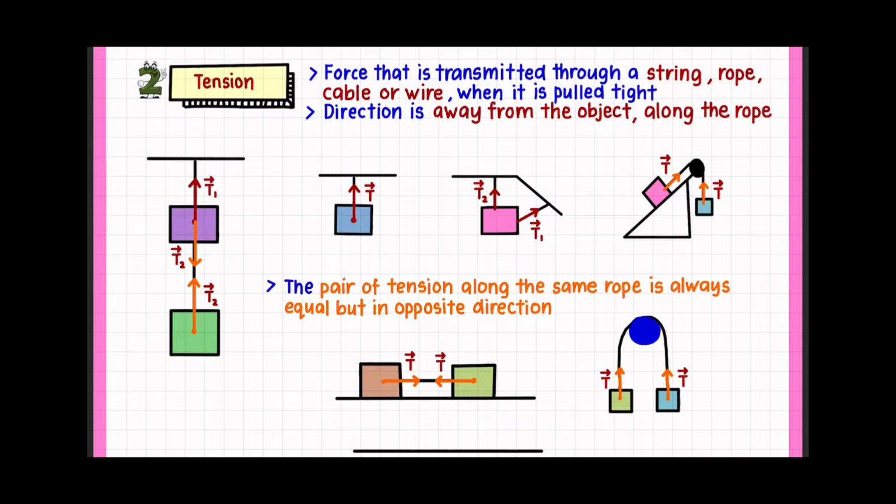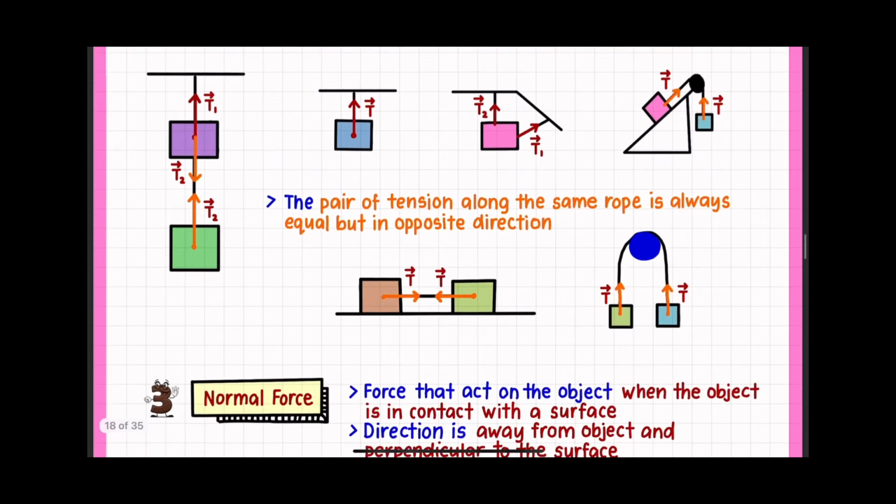Okay. So contoh yang saya cakap kat sini adalah dia kata the pair of the tension along the same rope is always equal but in opposite direction. Nampak tak? Dia equal tapi opposite direction. Okay, tak boleh lah direction dia sama. Dia kena lain lah, connected between two objects lah. String tu.